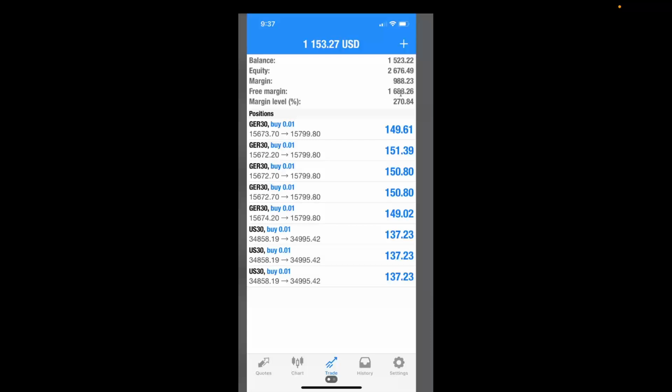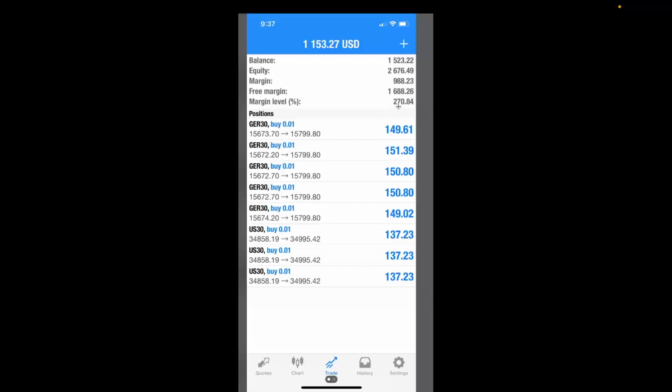There's something called stacking. Stacking is when you open more positions while you still have other running trades. So you still have 1,680 to open more positions. Margin level is like the percentage of how healthy your trade still is. You understand?